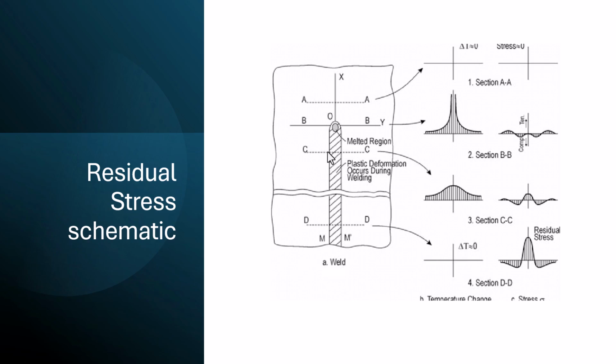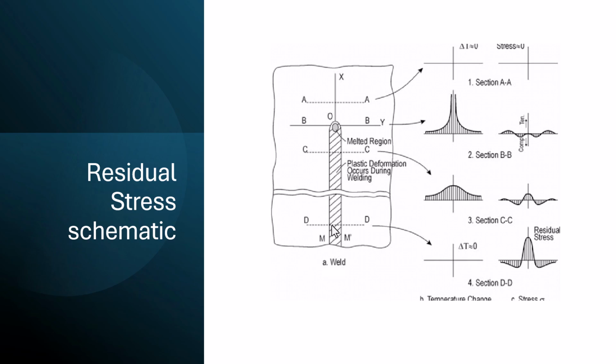If we move from here to here, we see the high stress is in the middle, and the cooled down regions have negative stresses here, but here we have the tensile stresses in the middle of the weld.